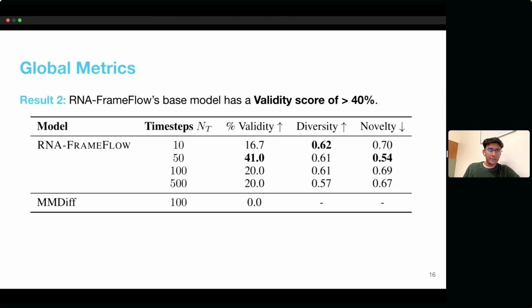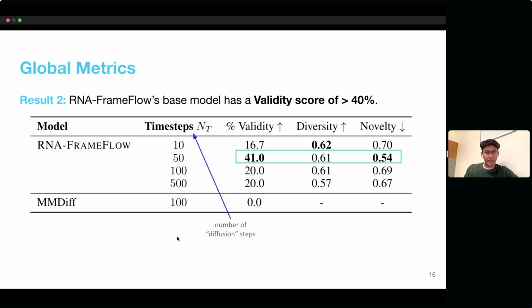And in terms of global metrics, we hope to show that our method, if you compare it to existing baselines like MMDiff, which also came out recently, is able to get a validity score of 40%. MMDiff being a vanilla diffusion model, we weren't able to squeeze enough performance out of it, which is why we left it blank.